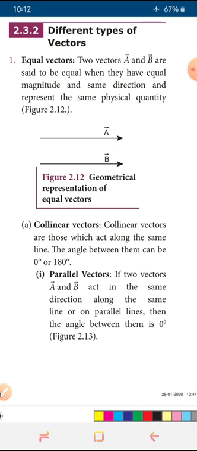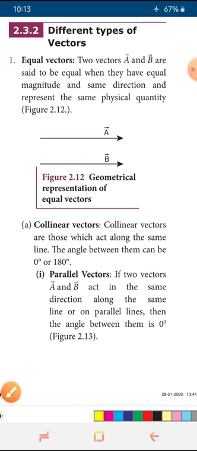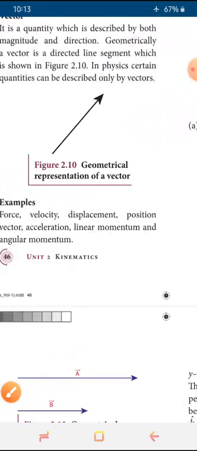If two vectors a vector and b vector act in the same direction along the same line, like parallel lines, then the angle between them is 0 degree. For example, we can draw this is a vector, this is b vector, and these two act in the same line. The resultant will act along the same line, and the angle between these two is 0 degree.